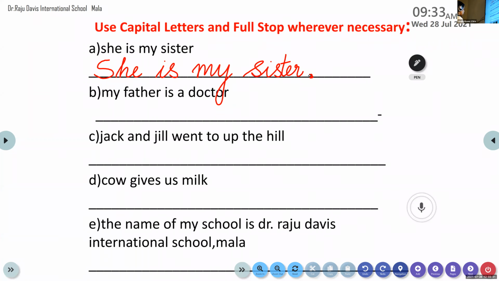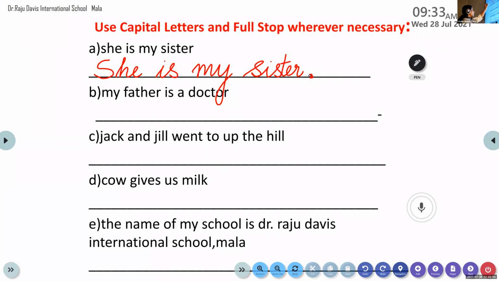Have all of you finished? Okay, now let's move on to the second sentence. I hope all of you have completed the first one. Now let's move on to the second one.